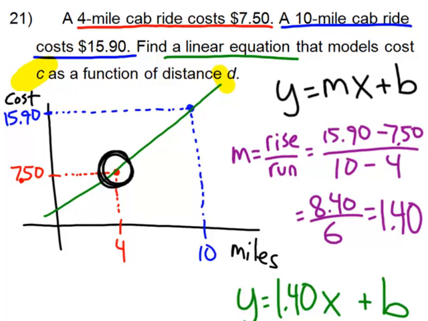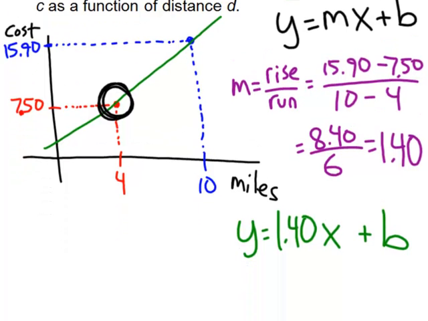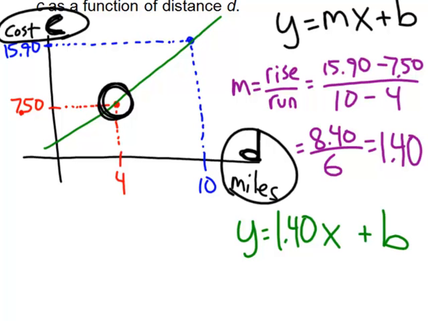So I shouldn't have been so sloppy. I should have labeled that from the start, but rather than redo this video, cost was c. So where I had cost earlier, that was c. This is our c axis. And our miles here, that's distance, d. Let's just replace those after the fact.